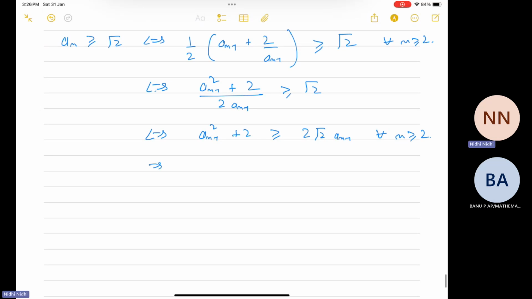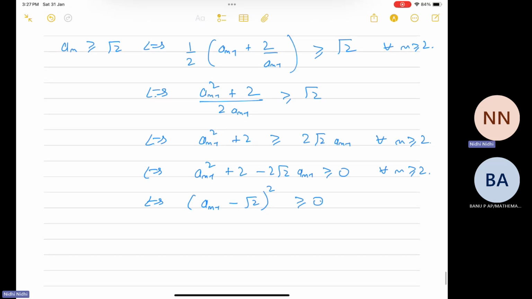This eventually gives us a quadratic inequality, an minus 1 square plus 2 minus 2 root 2 an minus 1 greater than equal to 0 for every n greater than equal to 2. Now here we can see that this is nothing but the expansion of (an minus 1 minus root 2) whole square. Now what does this symbol if and only if mean?